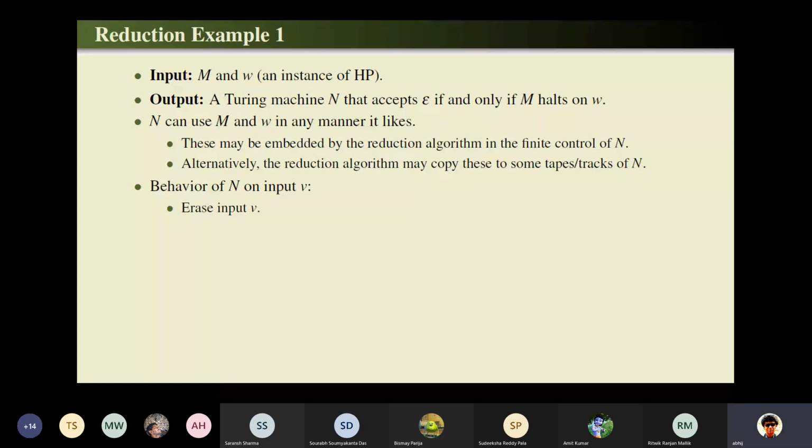So what it does: it erases input V, writes the string W on the tape from the finite control, or if it is there on another tape, brings it to the first tape. And then simulates M on W. That simulation can be of two types: either a UTM-like simulation, or, if the transitions are already embedded in the finite control, follow your own transitions.